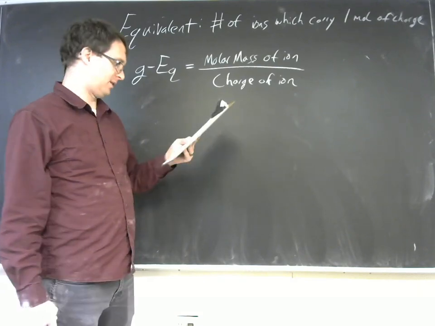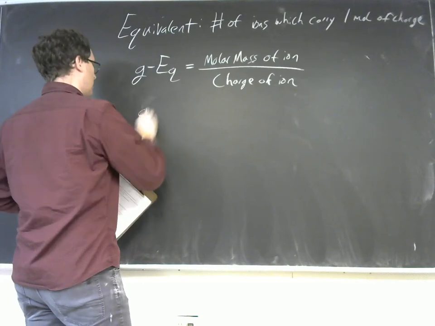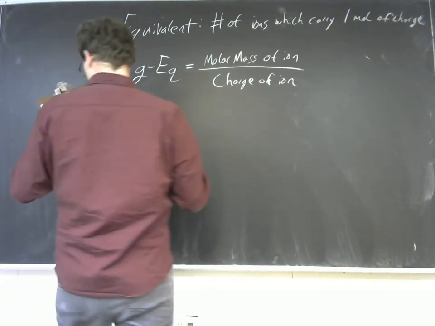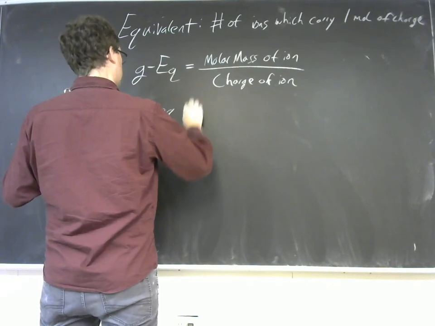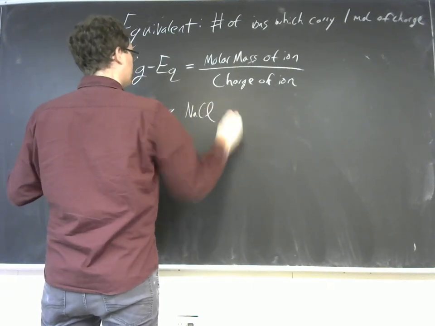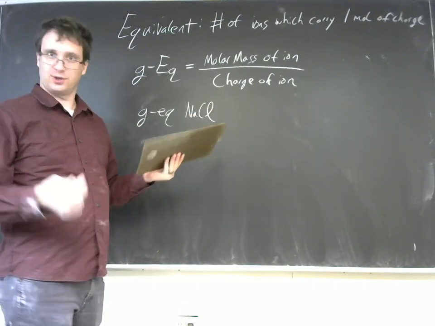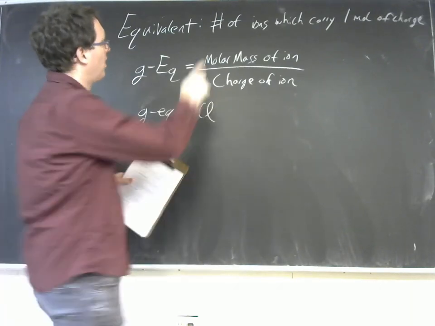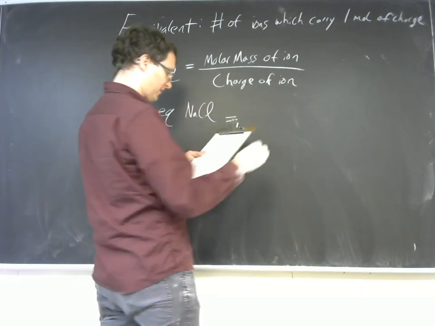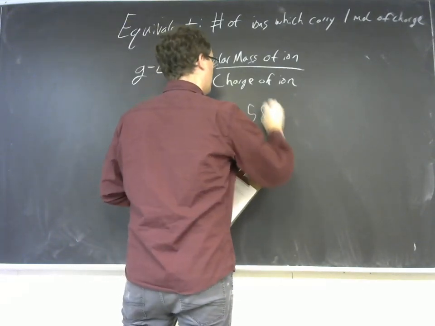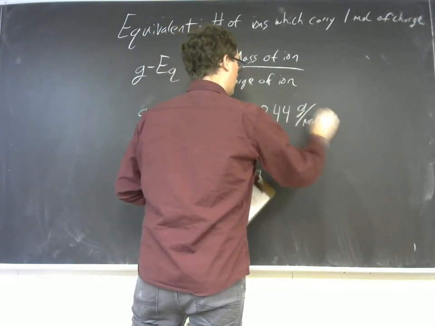And so how many gram equivalents are in NaCl, for example? What are the gram equivalents for sodium chloride? Well, our molar mass for sodium chloride is 58.44 grams per mole.